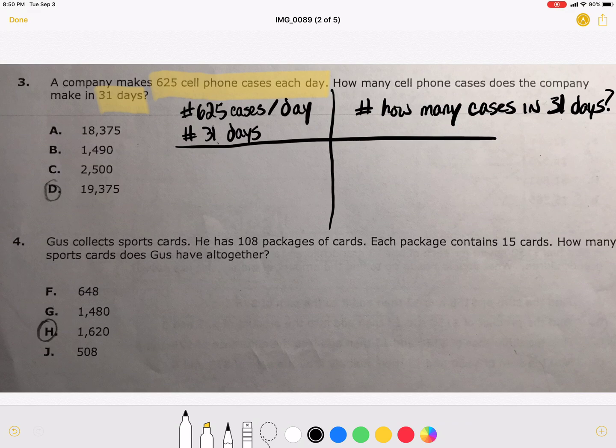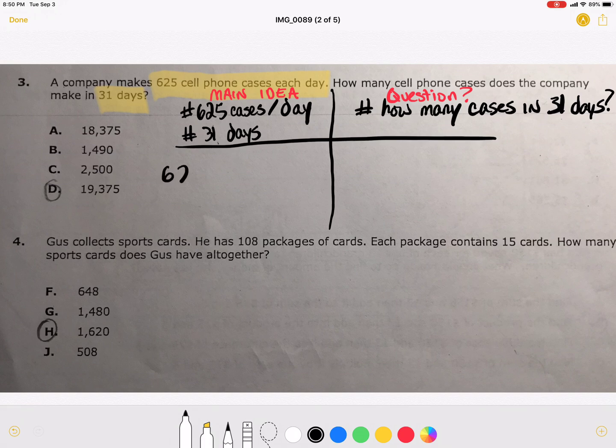So I'm going to label these: main idea, the question, and then over here we're going to write our number sentence, actually our equation.